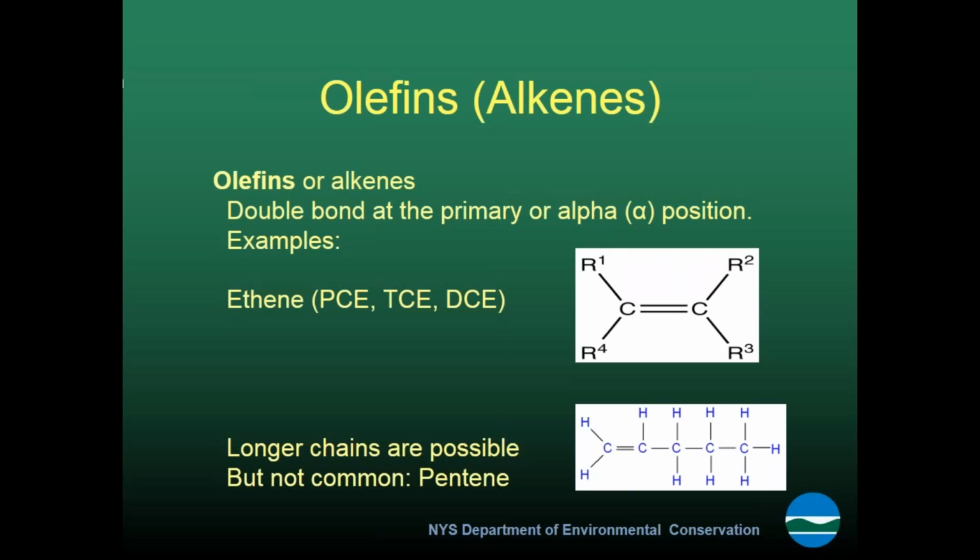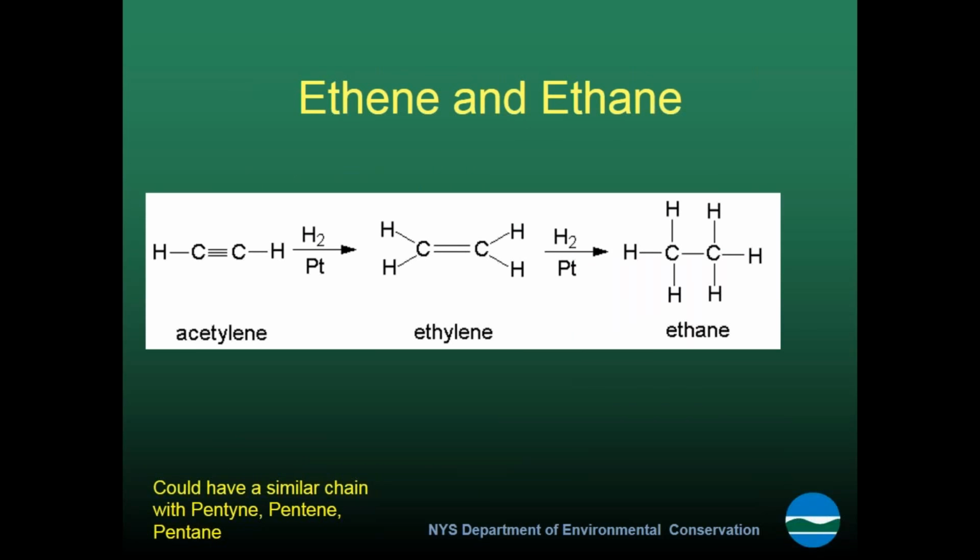If you add 2, it's dichloroethene. 3 would make TCE, or trichloroethene, and if you put chlorine in each one of those 4 spots, you have PCE, perc, or tetrachloroethylene, which is your typical dry cleaner solvent. All of those are very common organic solvents, and I'll talk more about those later.